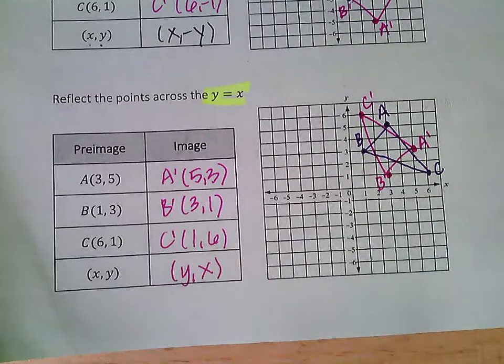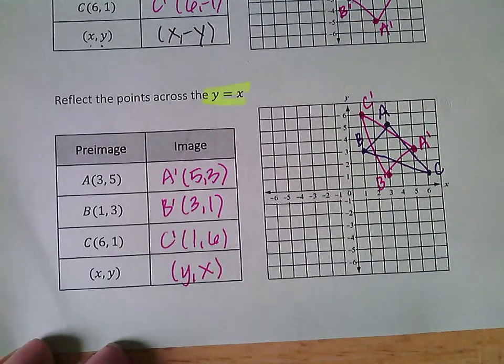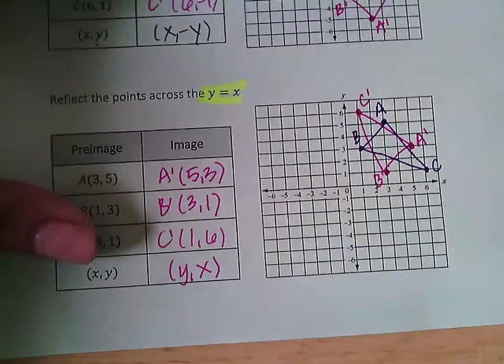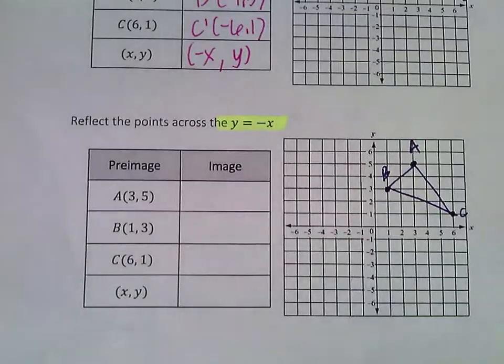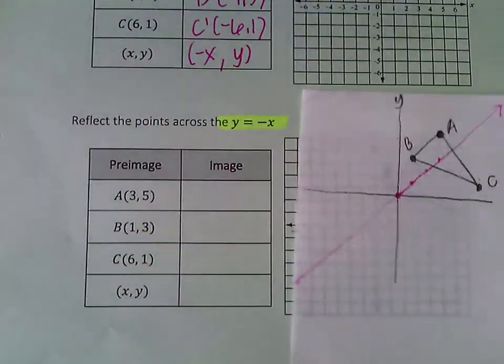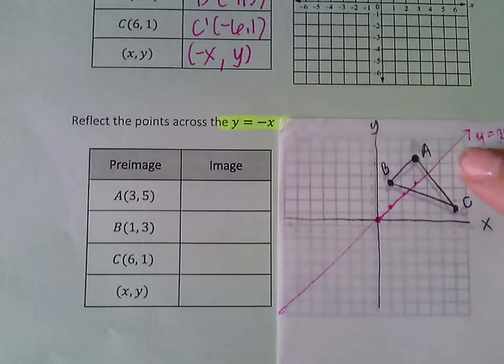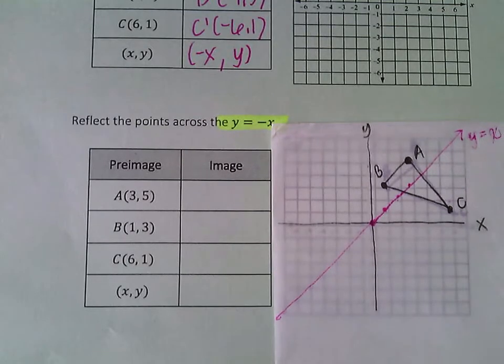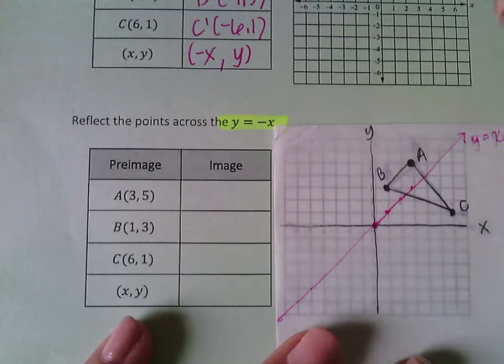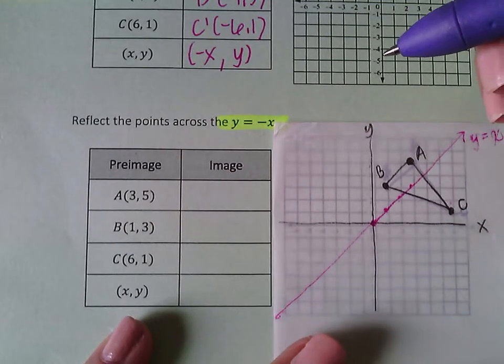The last scenario we're going to look at on the front page is y equals negative x. Y equals negative x is similar to y equals x, which is my pink line. Y equals negative x is actually the straight line that goes in the opposite direction. So it's going to go this way.